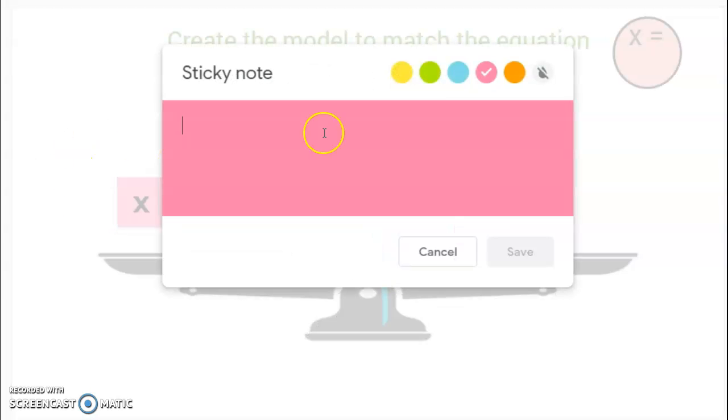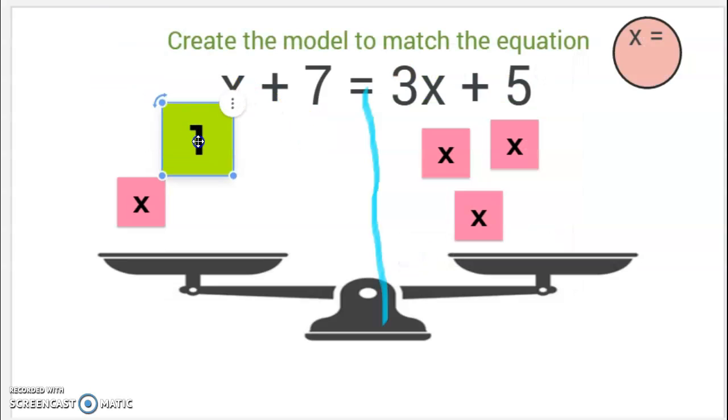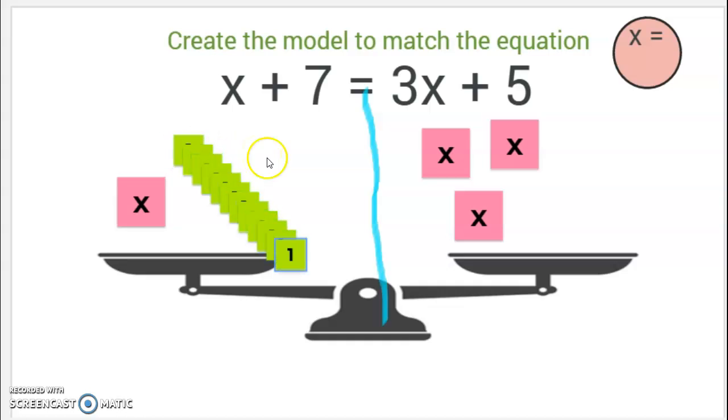Okay, I'm going to go ahead and do another sticky note, different color. This time it's going to have a 1 on it. I'm going to make them as small as I can because I need more than I did of the X's. So I'm going to do Control C and then Control V to paste however many I need.